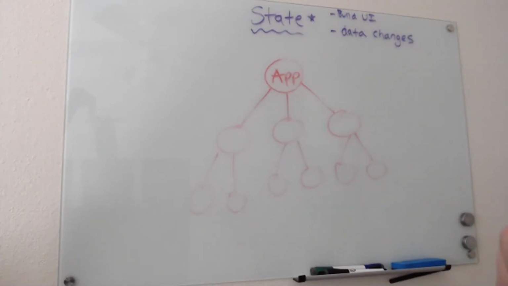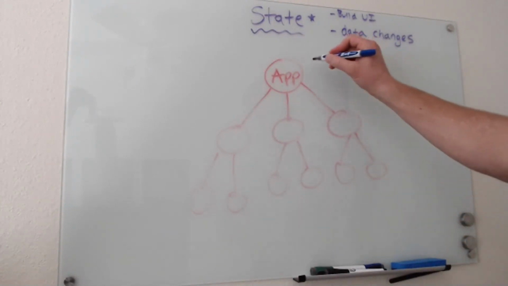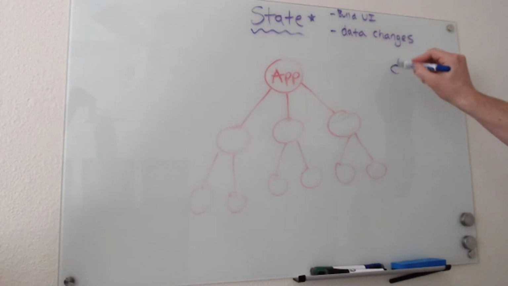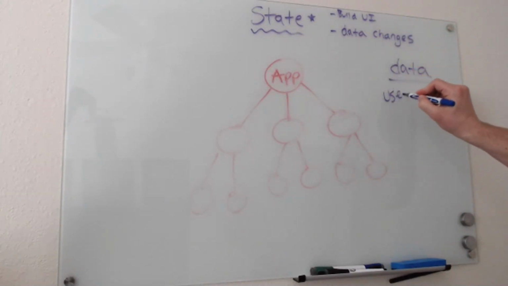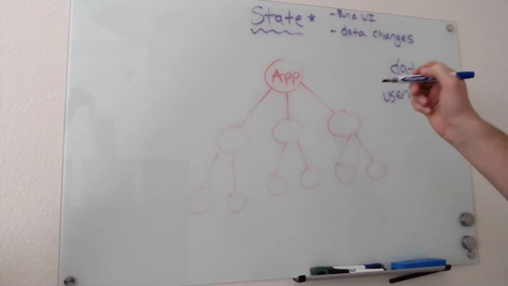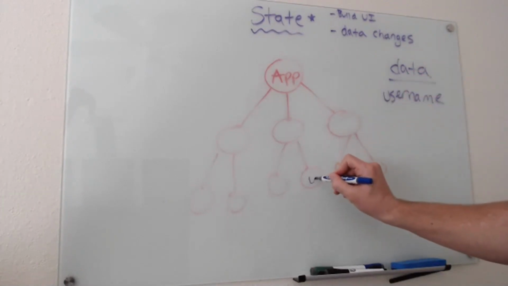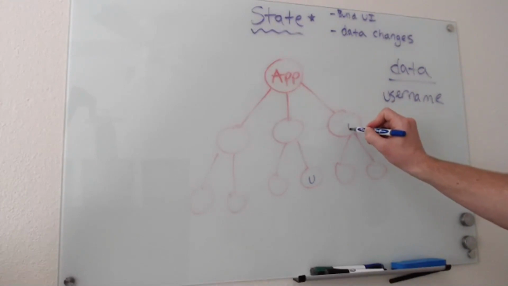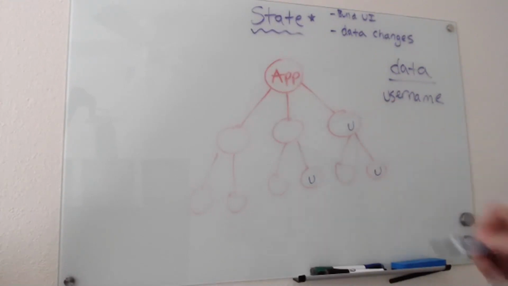And let's say we've got a piece of data called username, and we're just going to call it u. We need username down here. We need username here and here.